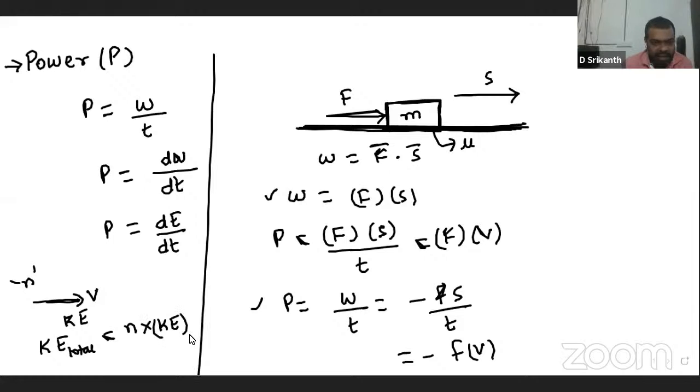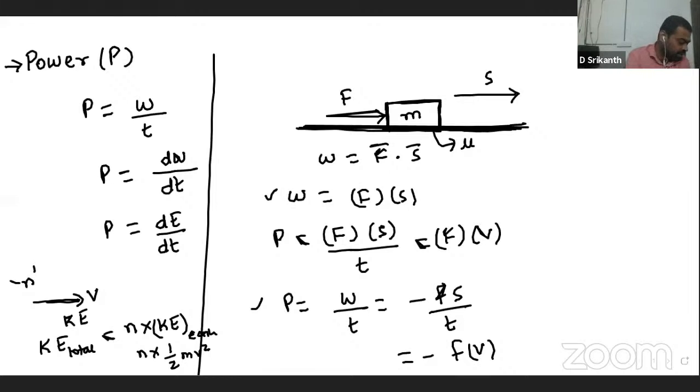That's why they wrote it as n into kinetic energy of each bullet. Kinetic energy of each bullet is half mv square. So n into half mv square.